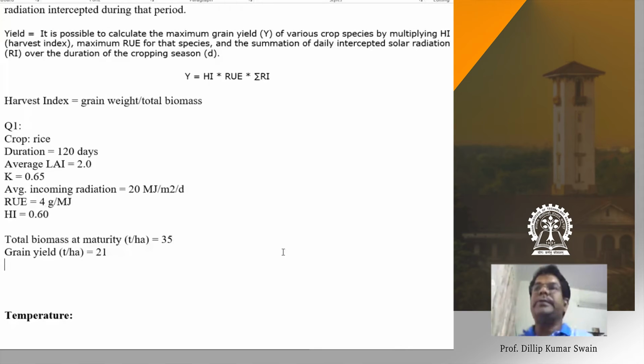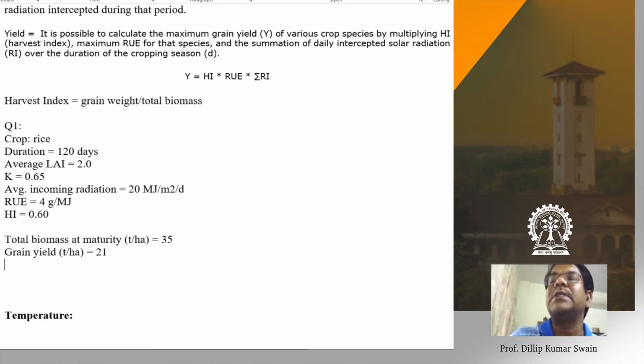Sir, I have a question here. When we are talking about biomass, do we consider the entire plant or just the outer coating of the grain? We consider the entire plant above the soil. That is biomass. The entire plant above the ground level, excluding root. Everything comes under biomass. Of that, only this much percentage goes to your grain.